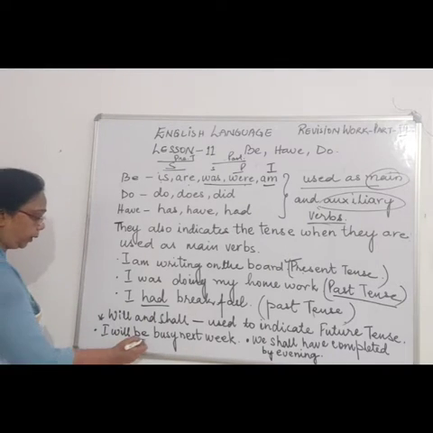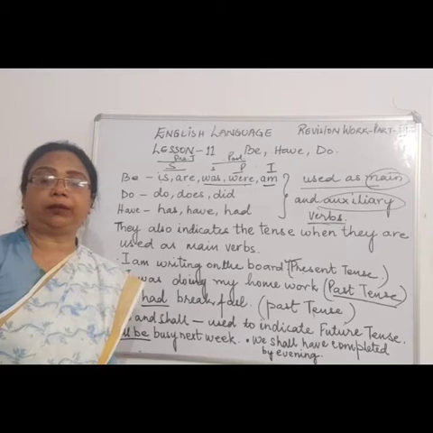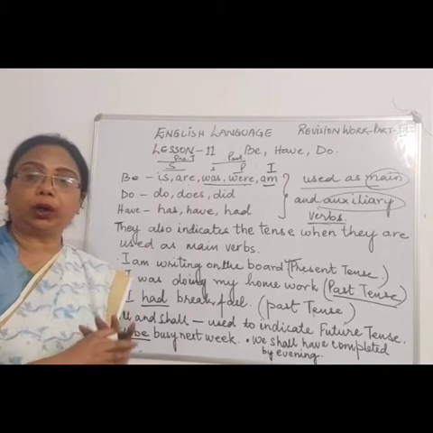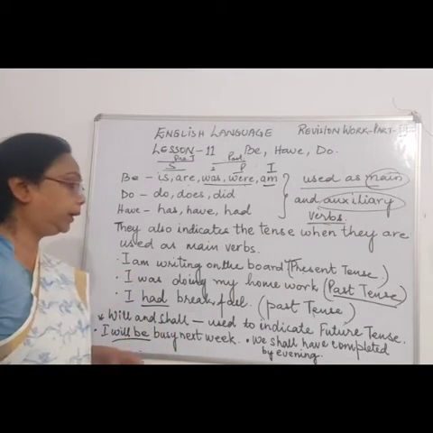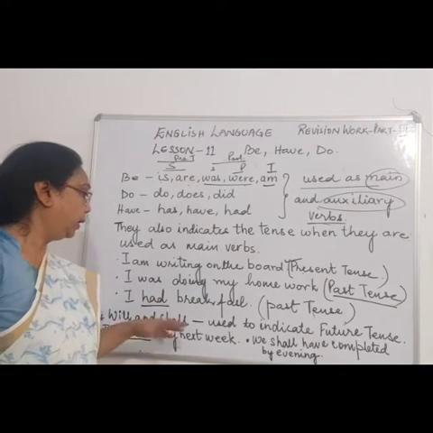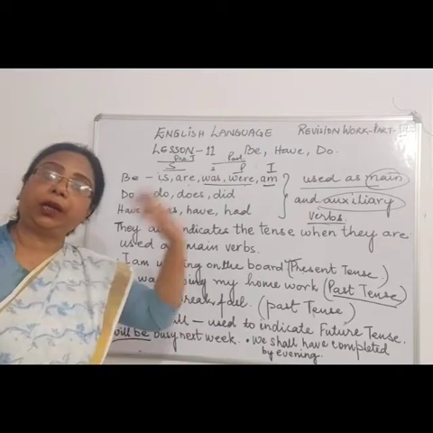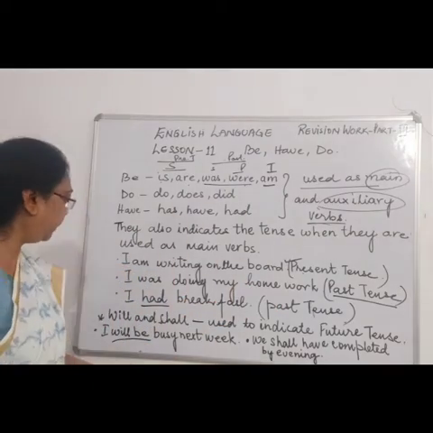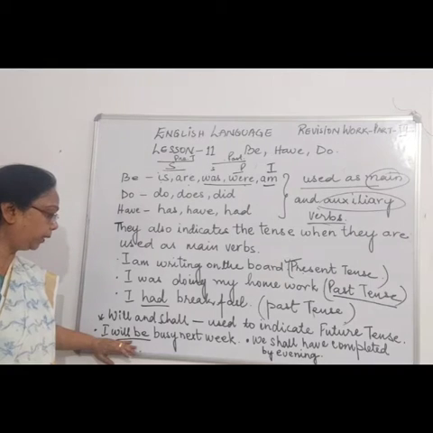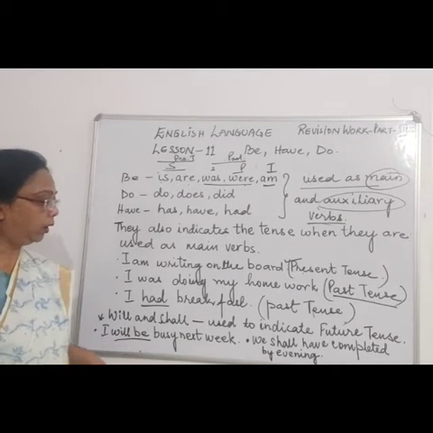Now in this sentence, the action has not taken place. The work is not completed. I am only telling you that I will be busy next week. So the action will take place but later on. So I have used will over here.